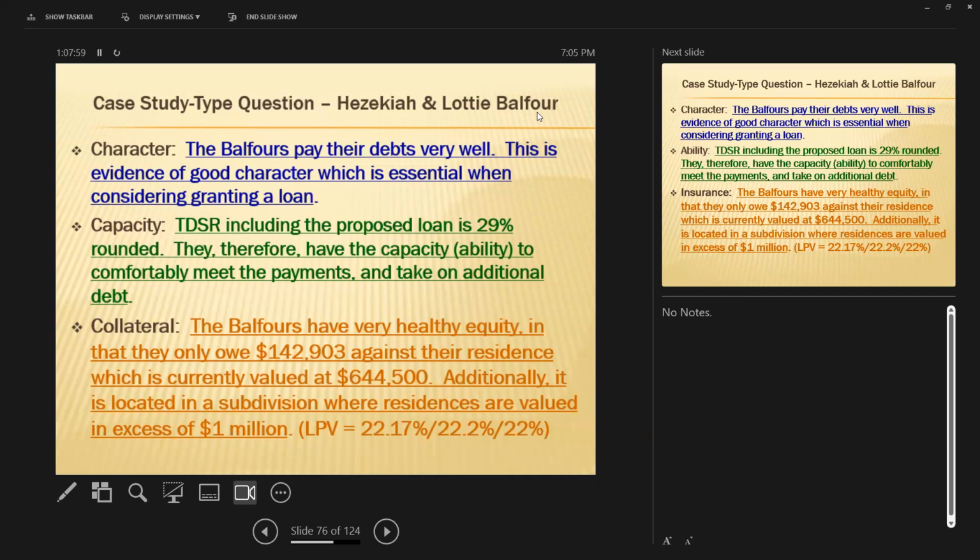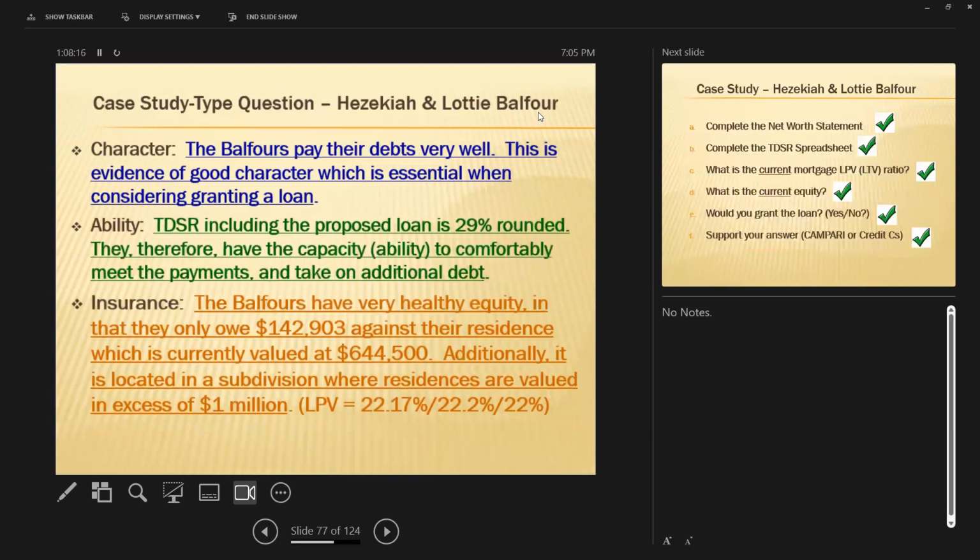Particularly with capacity and collateral, you want to add in some science in there, some numbers. And then of course, if you're using CAMPARI, you'll just put in character, ability, insurance, and it's the same thing, right? Or sometimes we say it's the same difference.